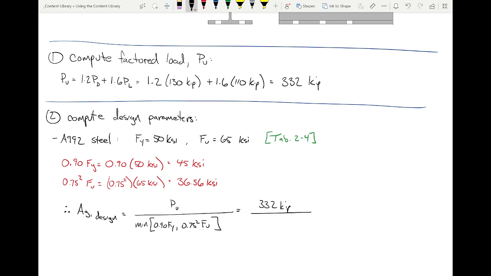That one, right? And so what is this? 9.08. Say it again. 9.08. Do I have a second on that? Yes.